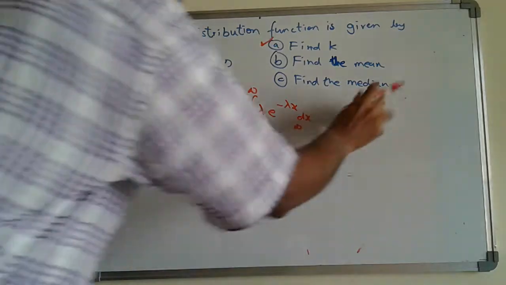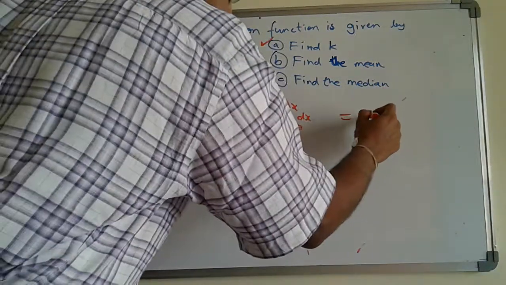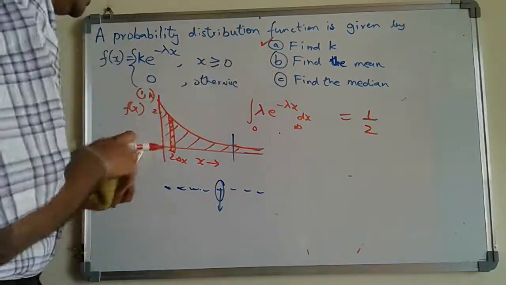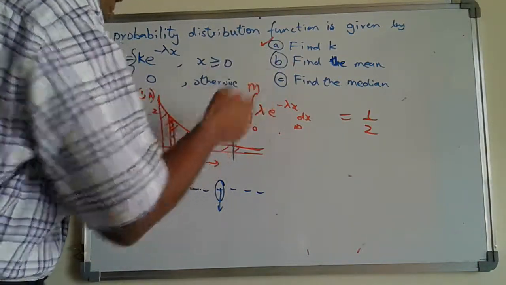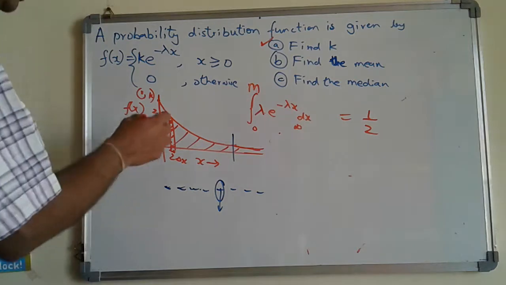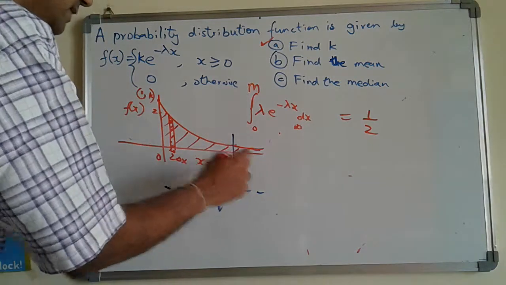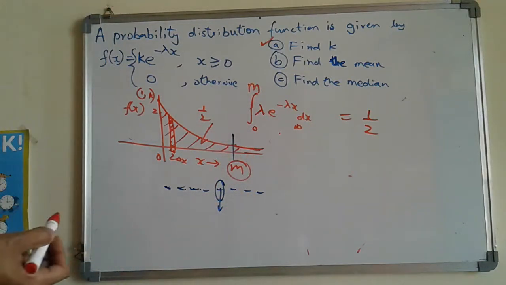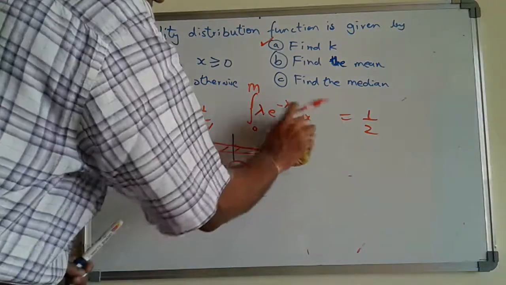We are not setting it to 1, we are setting it to half, and we are not integrating till infinity, we are integrating till some m that we have to find, and that m becomes the median. If you integrate from 0 to m and that area happens to be half, that value of m becomes the median.